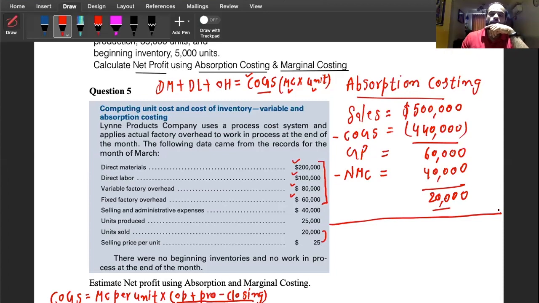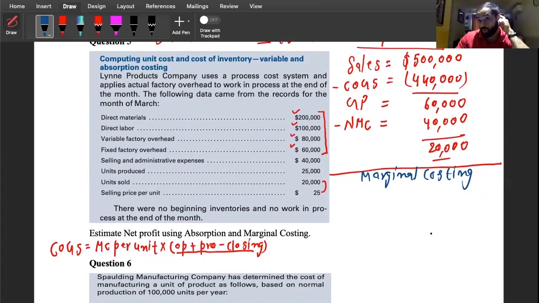Okay, so let's move on to the next, which is marginal costing. Let's start marginal costing with the sales. How much is sales? It will be the same, right? Quickly tell me and then we move on, because we still have 2 more questions to finish.